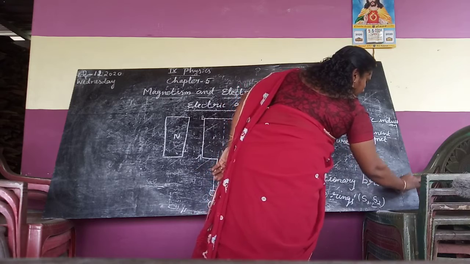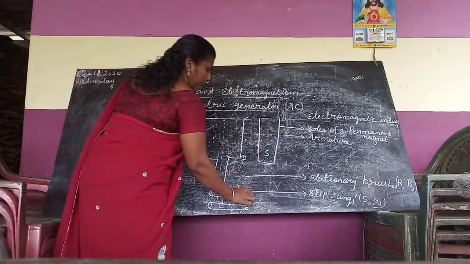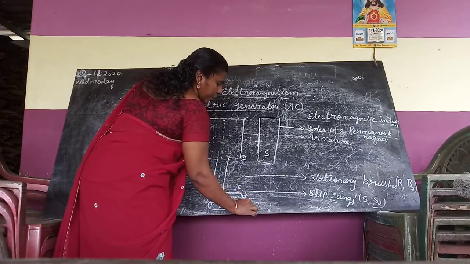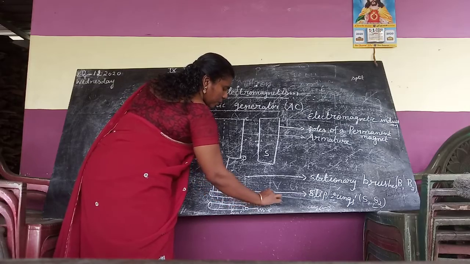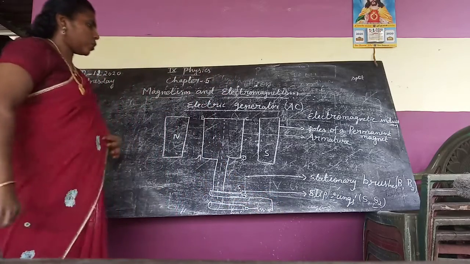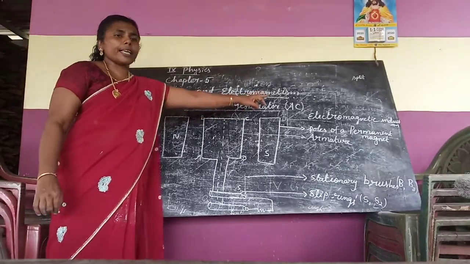Through these stationary brushes, the external circuit is connected. So this is the diagram of the electric generator or AC generator.